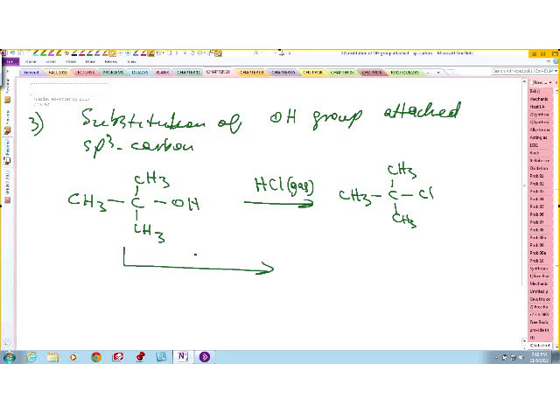The same thing will happen with HBr gas. It replaces the OH with bromine. This reaction is best with tertiary alcohol.